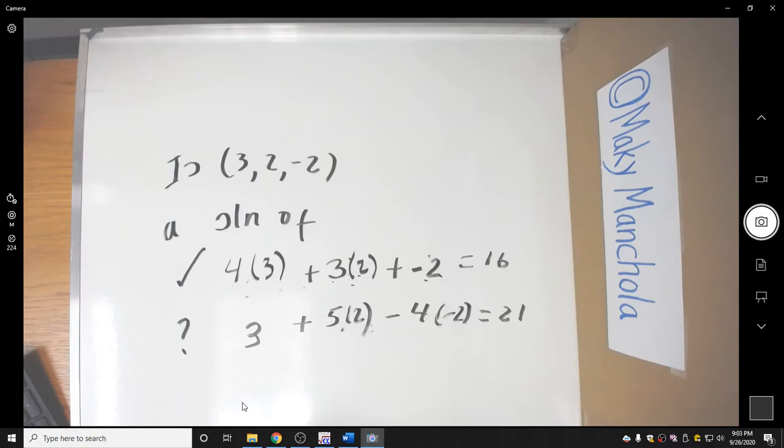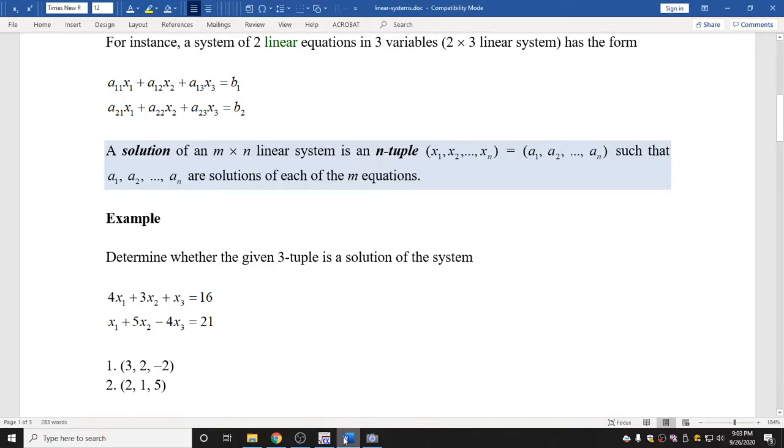Let's do the calculation. Here you have 3 plus 10, which is 13. Then plus 8. 13 plus 8 is 21. So we conclude that 3, 2, negative 2 is a solution to our given linear system of equations.